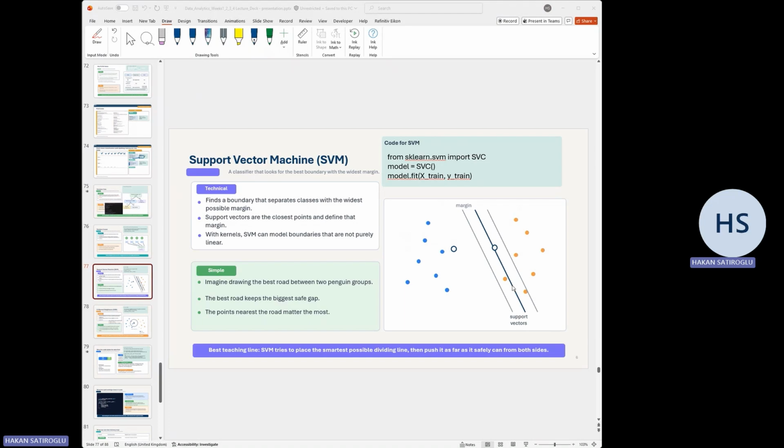So the blue class and the orange class, it tries to create the widest possible boundary between them. Simply, the aim is to separate the groups from each other, but to place the boundary in a way that leaves the widest possible margin. That is one of the main elements of that algorithm.